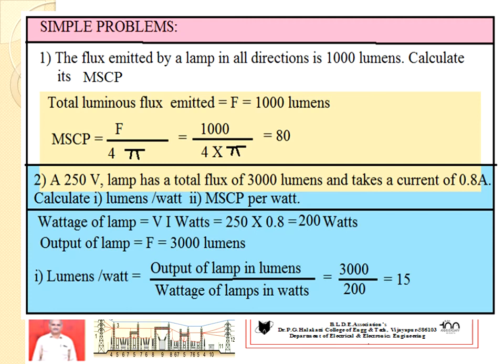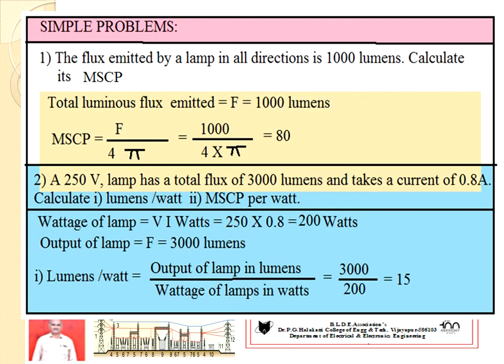So, we have to start from a very simple problem. The flux emitted by a lamp in all directions is 1000 lumens. Calculate its MSCP. So, MSCP equal to F divided by 4 pi. The formula is there, we have to remember.